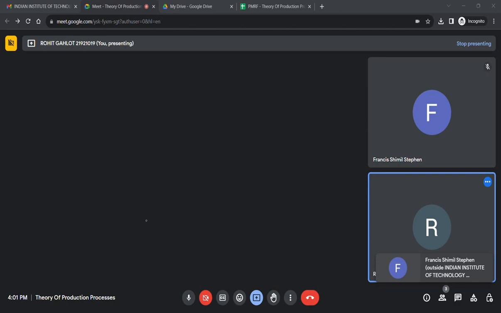Can you once again say? I didn't understand. Okay. For the side riser, do we neglect the top portion? Yeah. Suppose this is your riser.